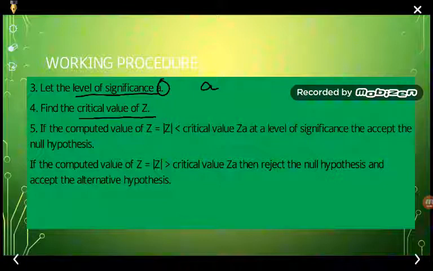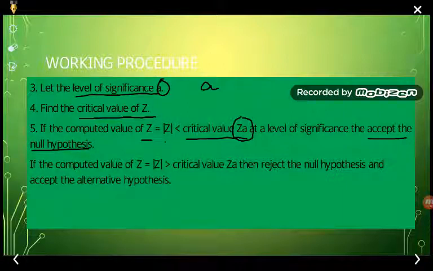So if the computed value of Z is less than the critical value ZA, this is the level of significance, then if the calculated value is less than the given tabulated value, the critical value of ZA at the level of significance, we accept the null hypothesis.